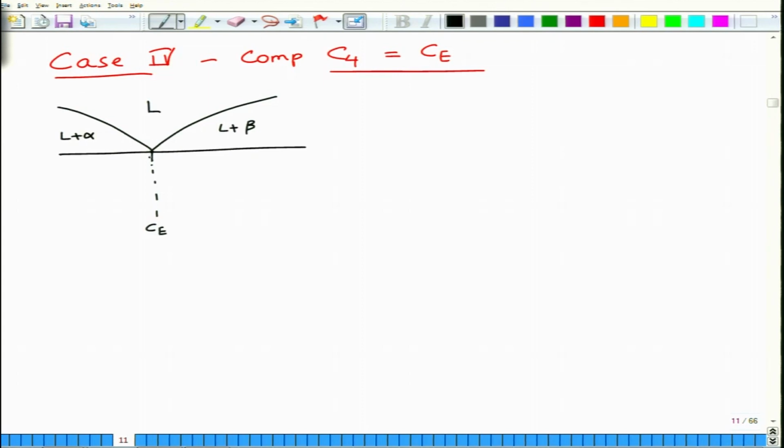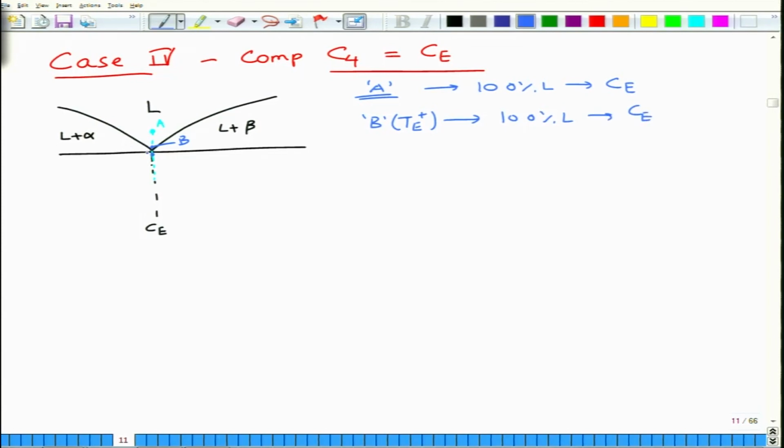Now let us look at the transformation at various points. At this point, it is 100% liquid of composition CE. Just before the eutectic temperature, let us say point B, at TE plus, it is still 100% liquid of composition CE.